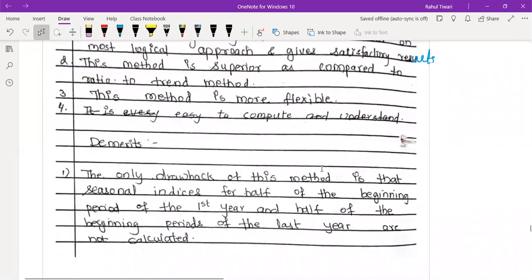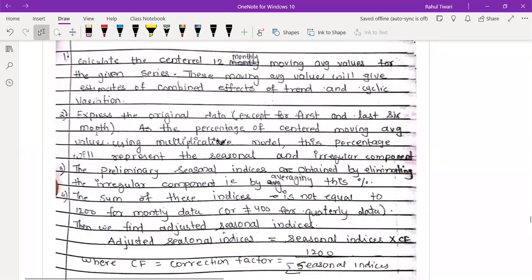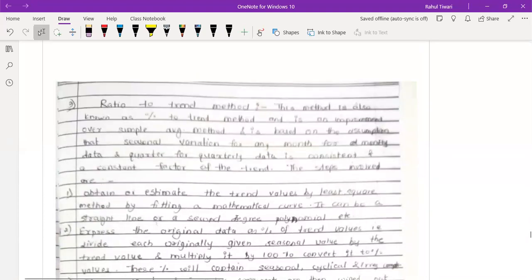As I mentioned, the first and last months we are not calculating because it is not possible to calculate. So that is the only demerit, that we cannot compute the first and last monthly data. Otherwise, this method is better than the trend value method, which will be the next part, the ratio to trend method.